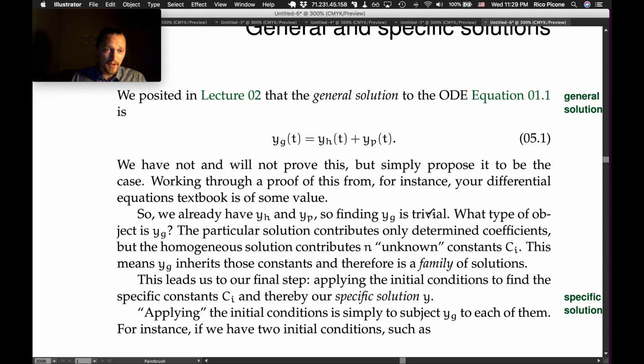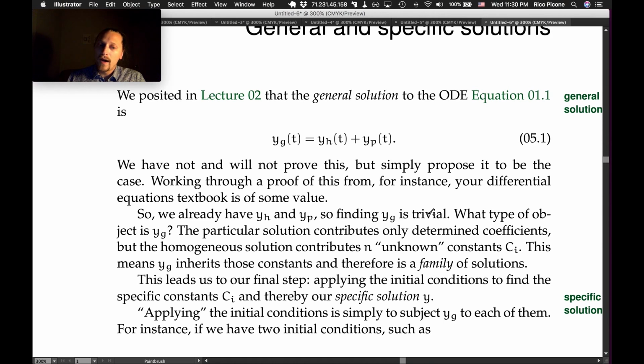What type of object is the general solution? Well, the particular solution contributes only determined coefficients. Remember, we determined what the coefficients were, so we ended up with a complete solution at the end of that. However, the homogeneous solution contributes unknown constants Ci, where n is the order of the system, or order of the differential equation, which is actually the same.